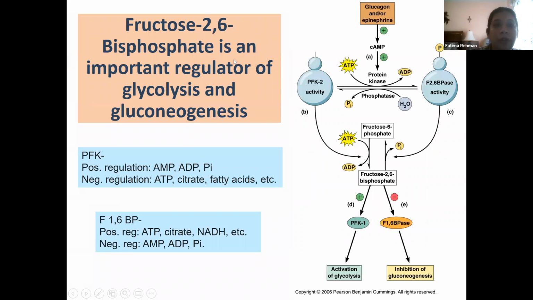Now, this fructose 2,6-bisphosphate is an important regulator inside our system to dictate how much glycolysis versus how much gluconeogenesis is happening at any given time. These are controlled by other regulators in our body, signaling molecules that are either activating or inactivating one of these systems.